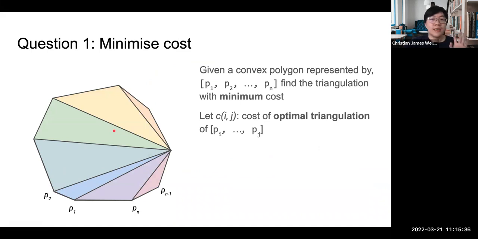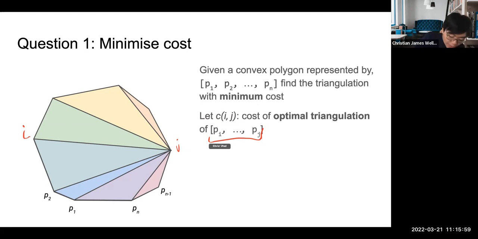So the first question is about minimizing cost. Let Cij, I think the tutorial uses tau ij, but for simplicity I'll just use C for notation, be the cost of the optimal triangulation of Pij. So consider some polygon, say I and J are here.